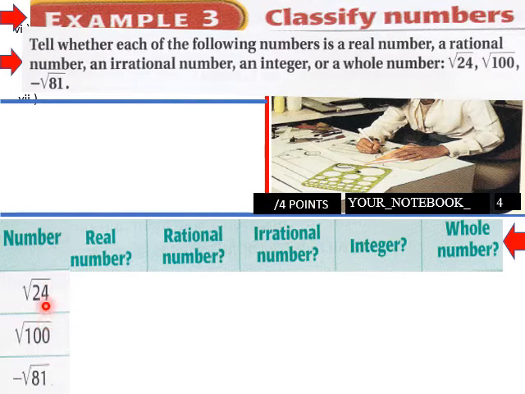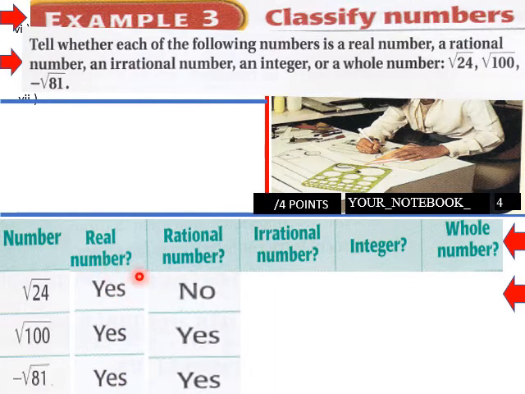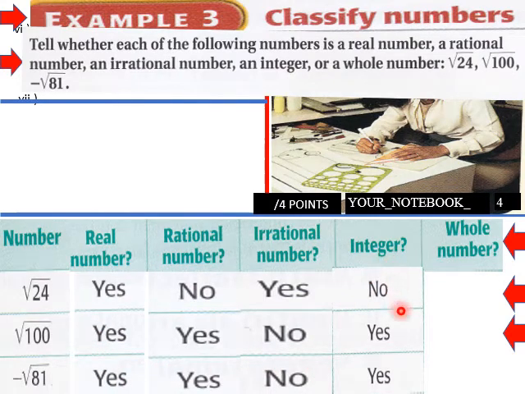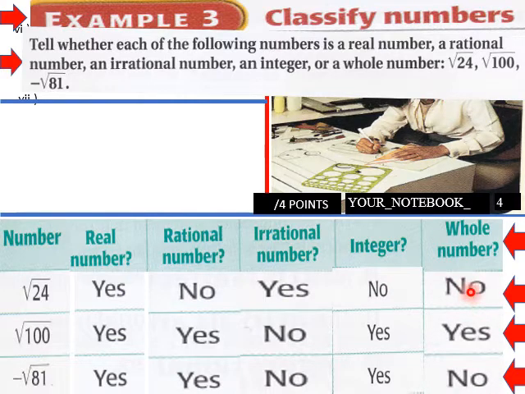Real number: yes, yes, yes. Rational number: no, the square root of 24 is not rational; yes, yes. Irrational: yes for the square root of 24, no, no. Integer: no, yes, yes. Whole number: no, yes, no. So there is your chart for these numbers.